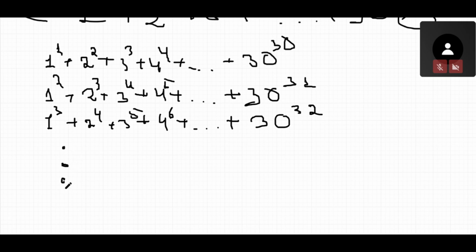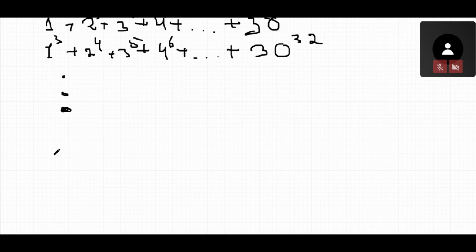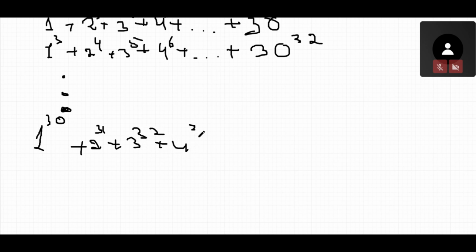It will go like that until our 30th group, which starts like 1 power of 30 plus 2 power of 31 plus 3 power of 32 plus 4 power of 33, and it will go on until 30 power of 61.